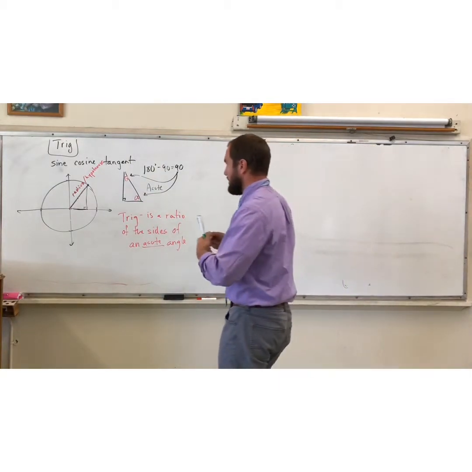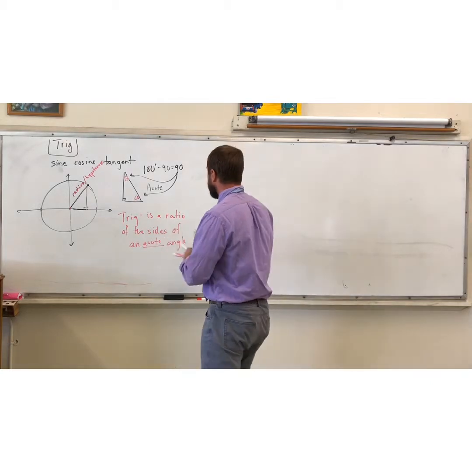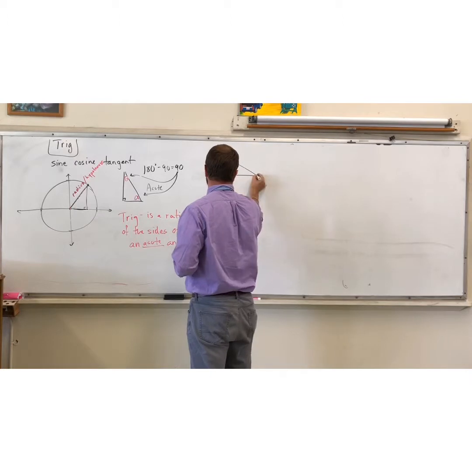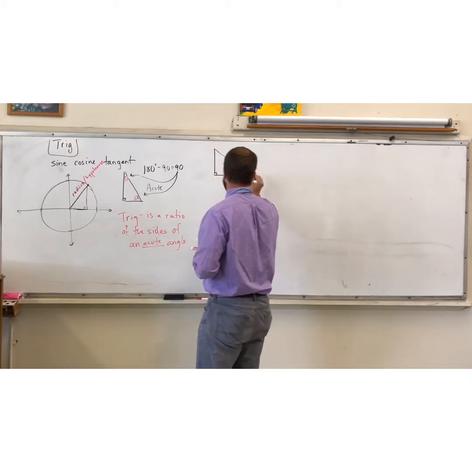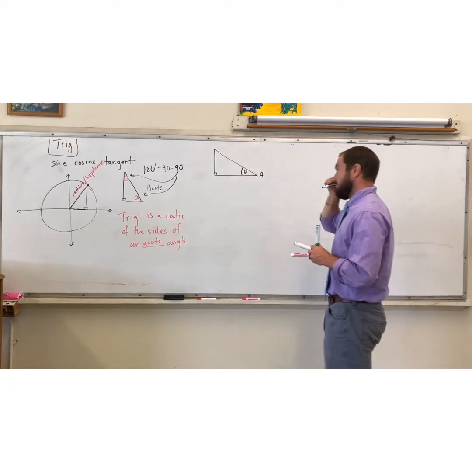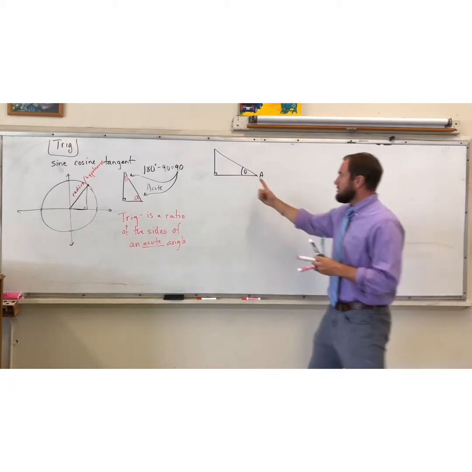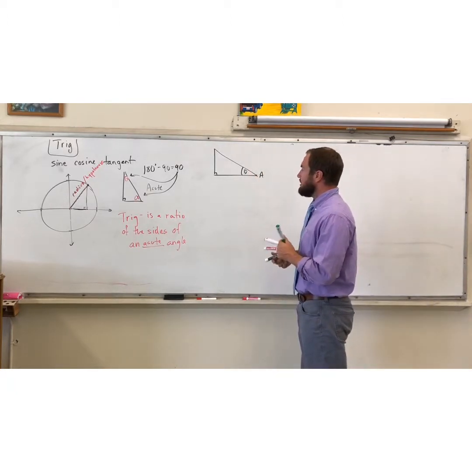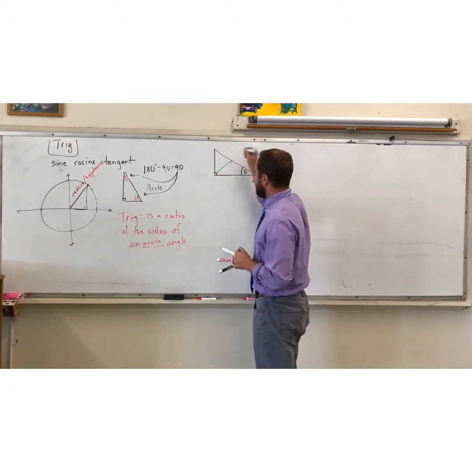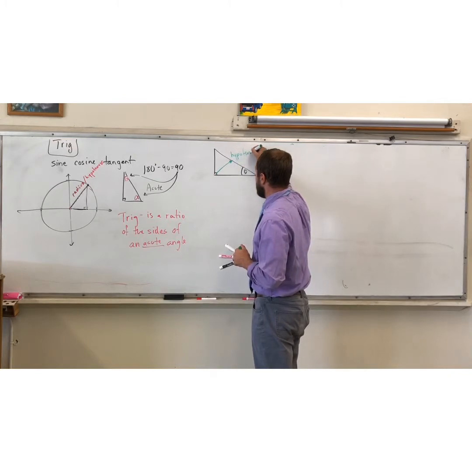So let's take a look at that, okay? Let's take a look at a right triangle in reference to a certain acute angle we're looking at. Let's say we're looking at this angle here, call it angle A, call it theta. Now, if you're looking at this acute angle, it's going to have three main pieces. One of which being the side opposite the right angle, which we know is the hypotenuse.